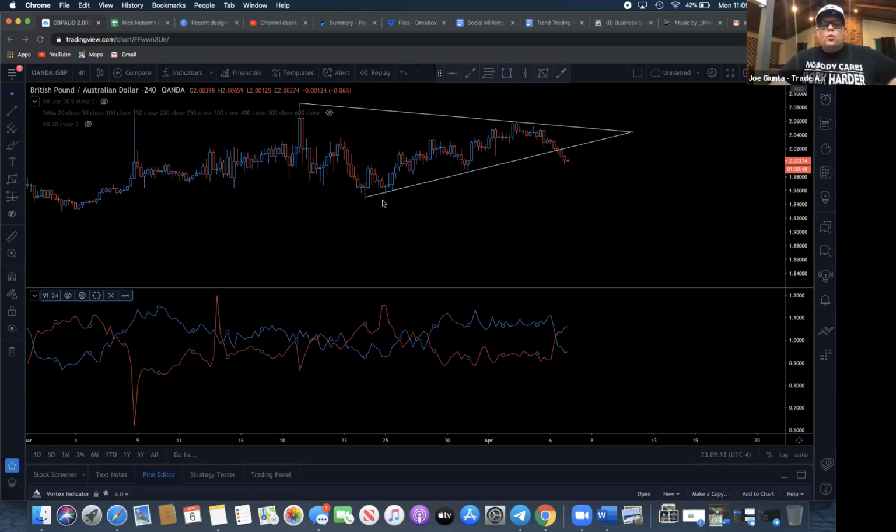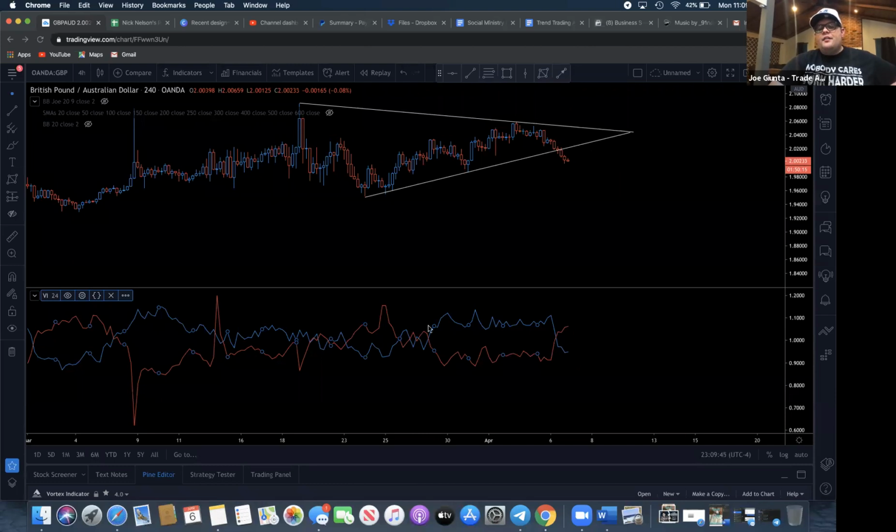Exactly. So what this is going to do is, if this is telling you to sell, but the vortex is telling you to buy, you're generally going to see sideways movement, right? If price action is telling you that we have bullish movement, but this is telling you that there's bear pressure, what that's telling you is we're probably looking at some sideways movement.